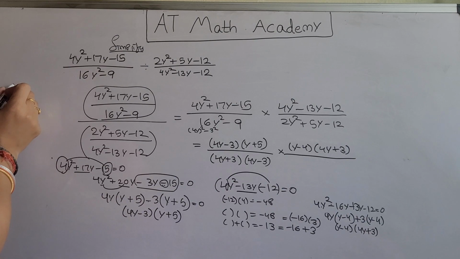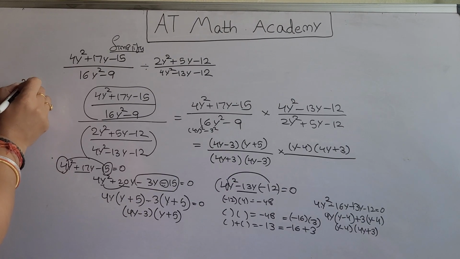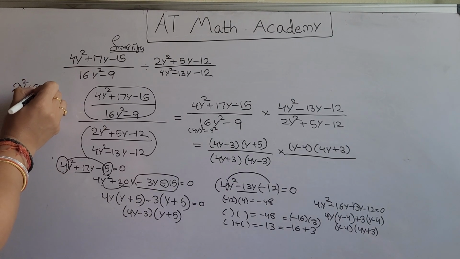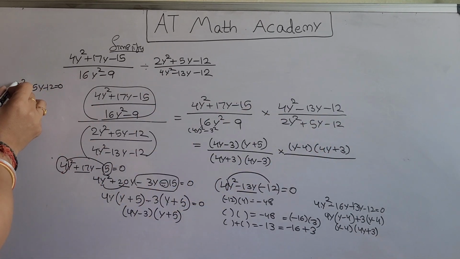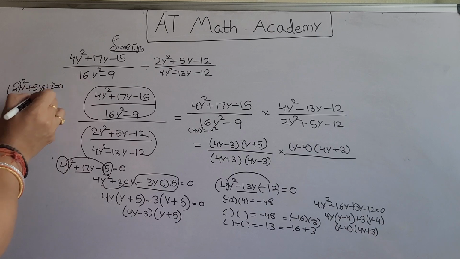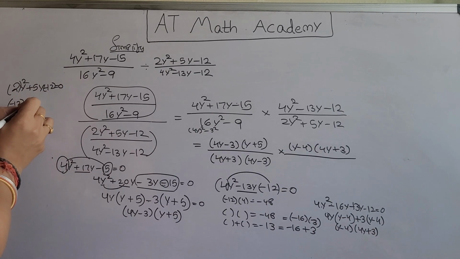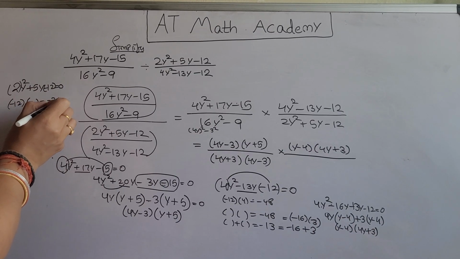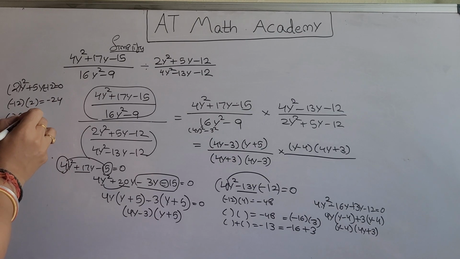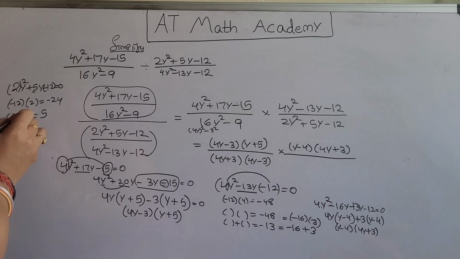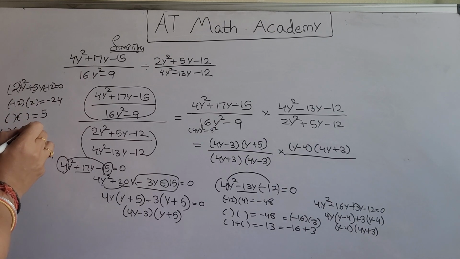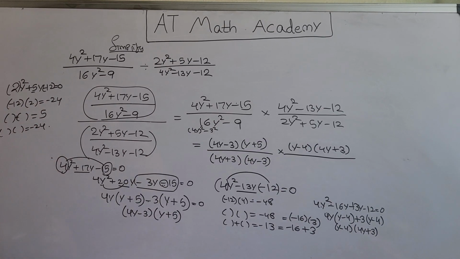Let's take the last quadratic expression, 2y square plus 5y minus 12 equal to 0. When you take minus 12 and multiply with 2, I need to get minus 24, and when I add the two numbers, I need to get 5.